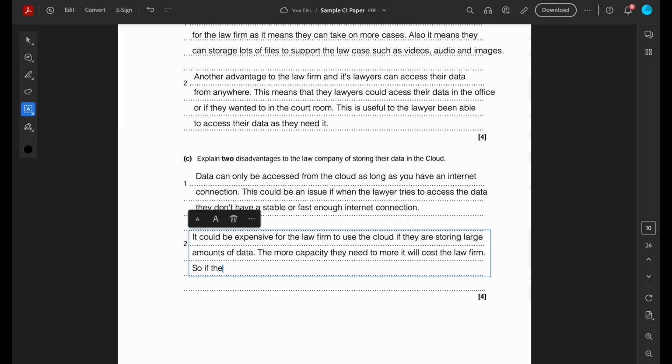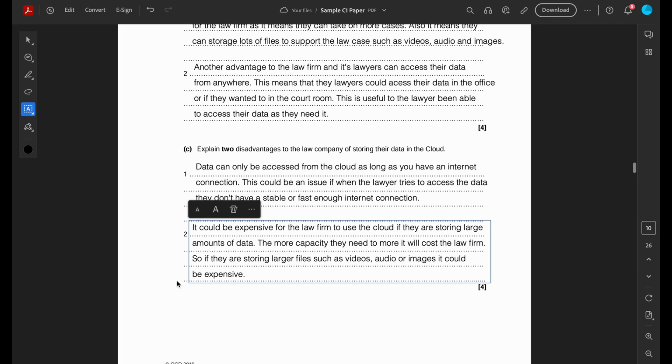So if they are storing larger files such as videos, audio, or images, it could be expensive. So again, I'm making the point it's generally expensive. Why is it a problem for the law firm? I've put that down. So let's scroll down.